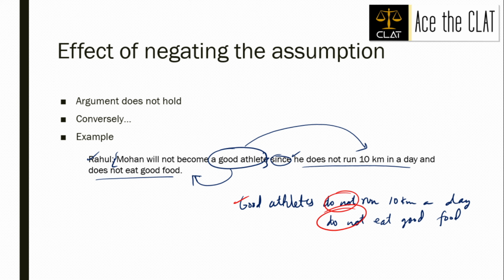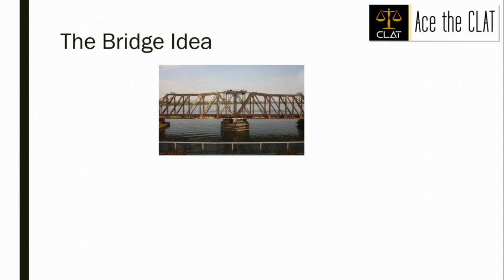Running 10 kilometers in a day and eating good food is a necessary condition for becoming a good athlete. But from only this information, we cannot conclude that it would be sufficient to become a good athlete. Okay, let us move ahead.